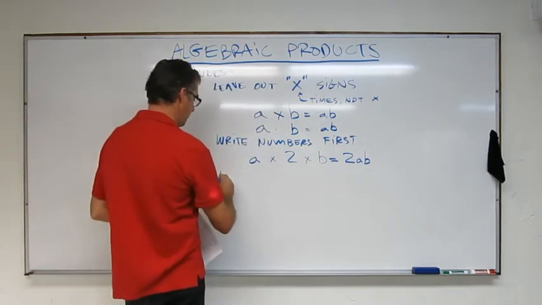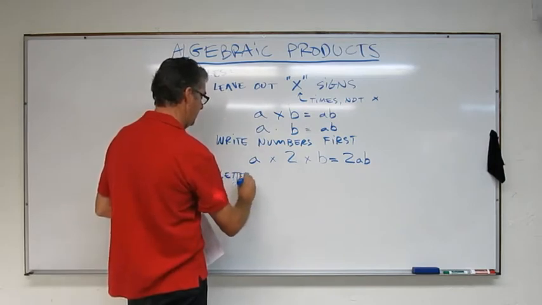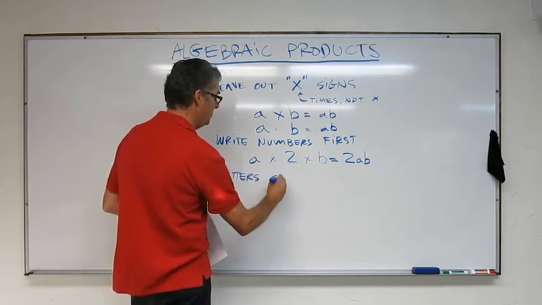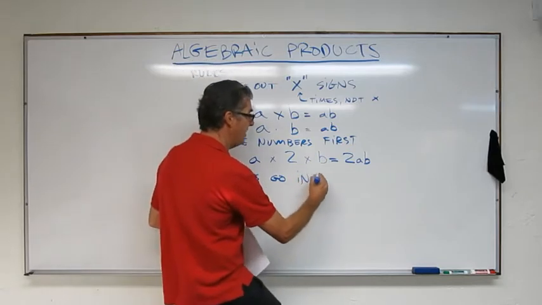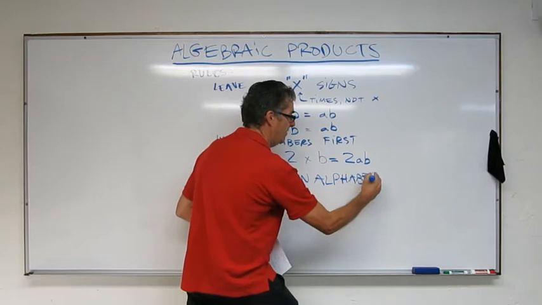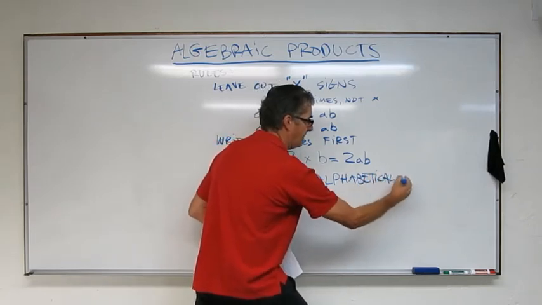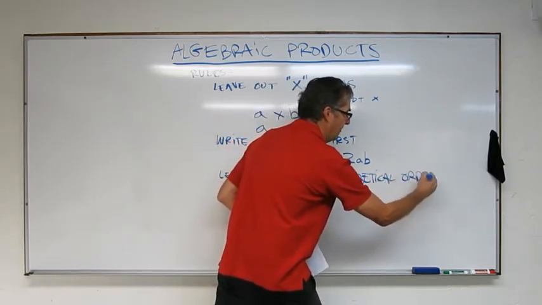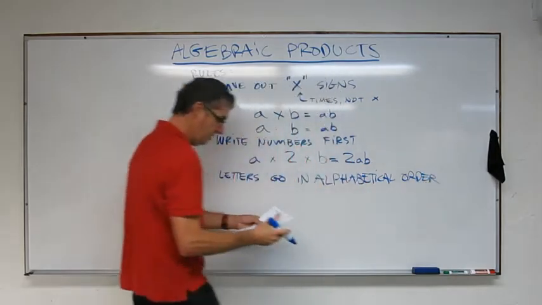So this is going to end up being 2AB. Third one is letters go in alphabetical order. Okay?